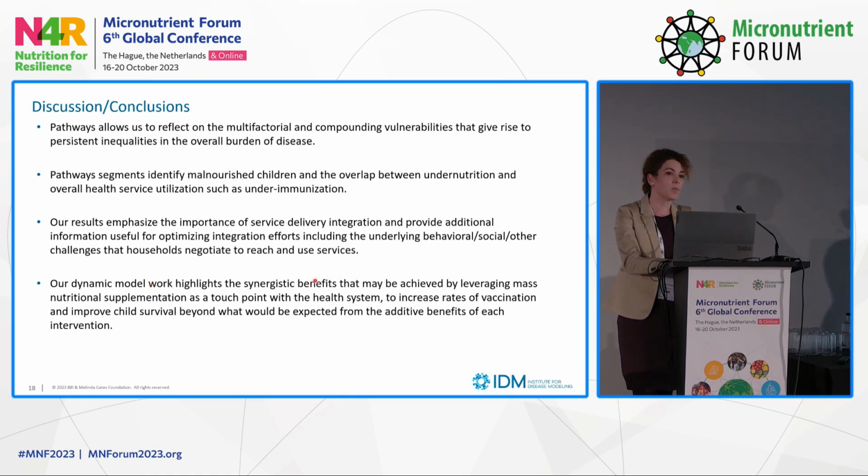And our dynamic model of measles and undernutrition highlights the synergistic benefits that may be achieved by leveraging mass supplementation as a touchpoint with the health system to increase the rate of vaccination as well as overall child survival, beyond what we expect to get from each of these interventions alone. Thank you so much.